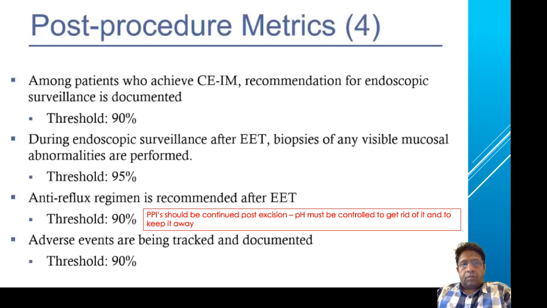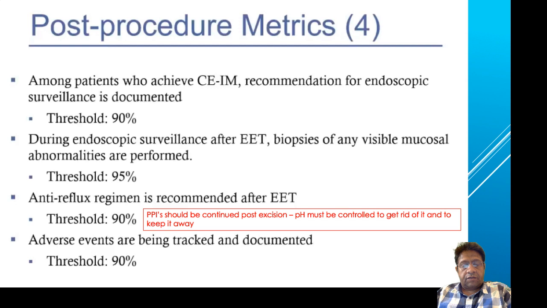There were certain post-procedural metrics that were decided on. Among patients who received EET, the recommendation for endoscopic surveillance is documented. So you wanted 90%. I'll come to the explanation of this a little further on the next slide. The threshold is 90%.